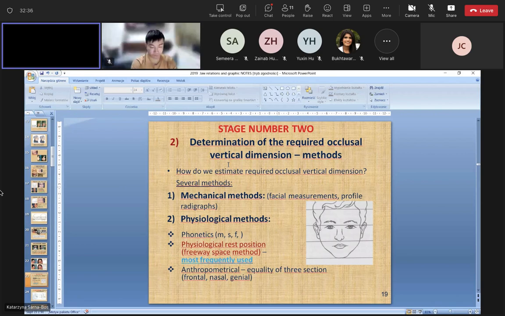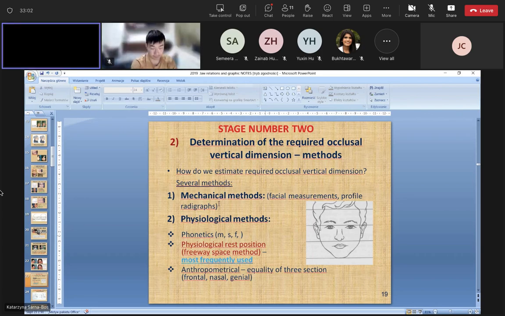So let's talk about the second stage of recording jaw relations. It is called determination of the required occlusal vertical dimension. Which methods are the best? We have some mechanical methods and physiological methods. The mechanical ones are facial measurements and profile radiographs.